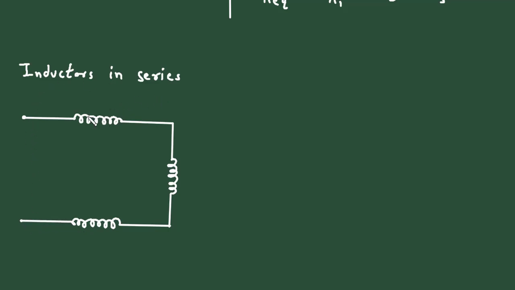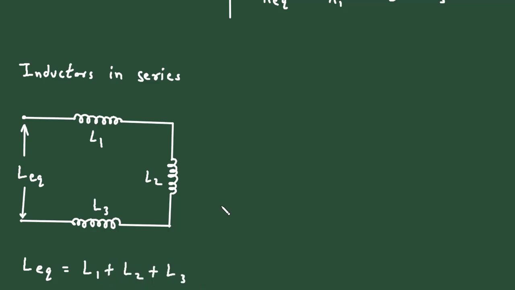Now its equivalent inductance is given by Leq. Let's say this is inductance L1, this is L2 and this is L3. So its equivalent inductance Leq is given by L1 plus L2 plus L3.